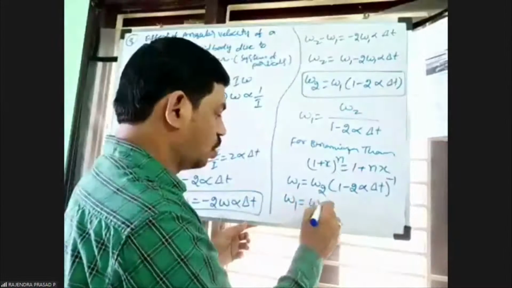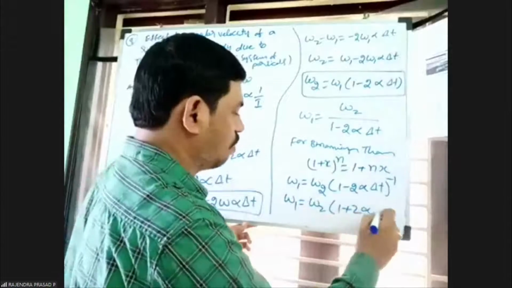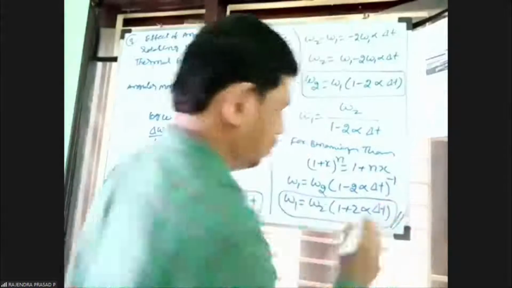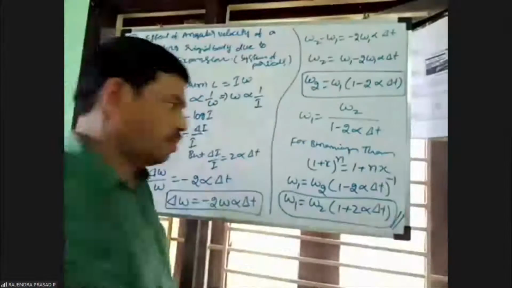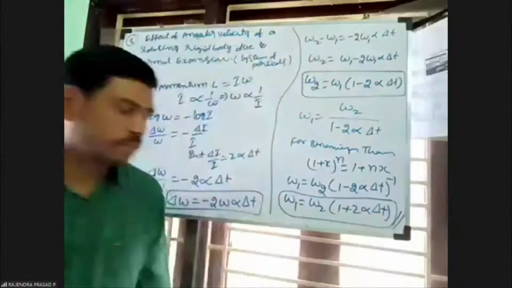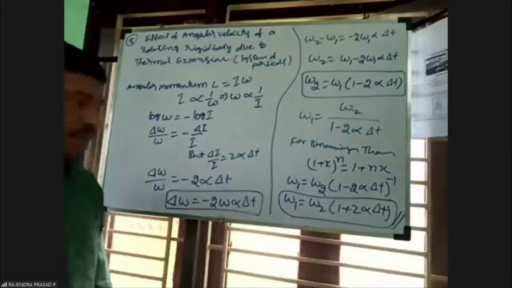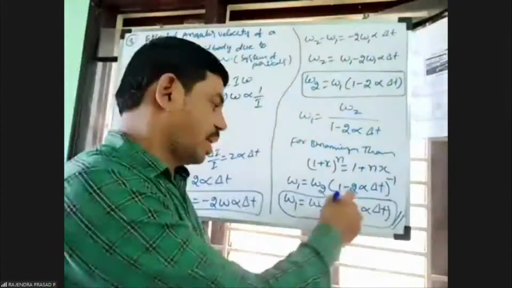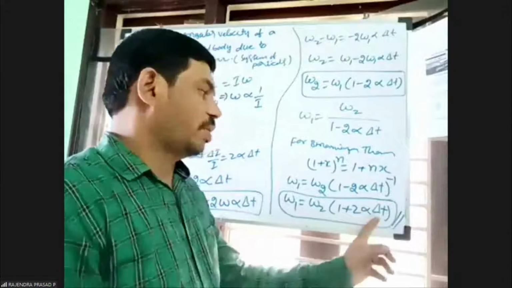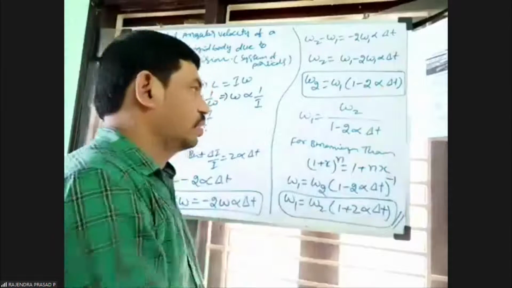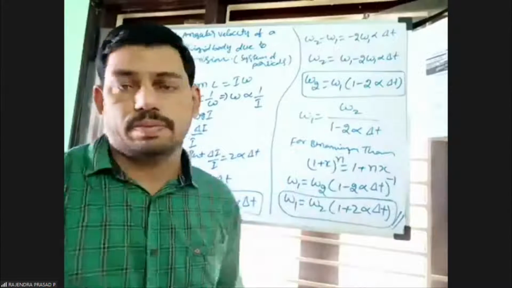Omega 1 equal to omega 2 into 1 plus 2 alpha delta t. Or omega 2 equal to omega 1 into 1 minus 2 alpha delta t.